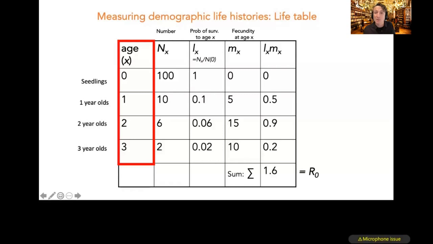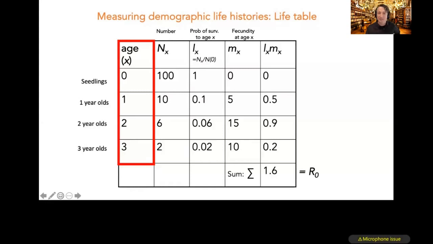Okay, notice what we do in terms of calculating R naught. We multiply LX times MX. LX times MX gives us our product. And then we sum all of these together to get our value of R naught. Notice it's 1.6 for this population.